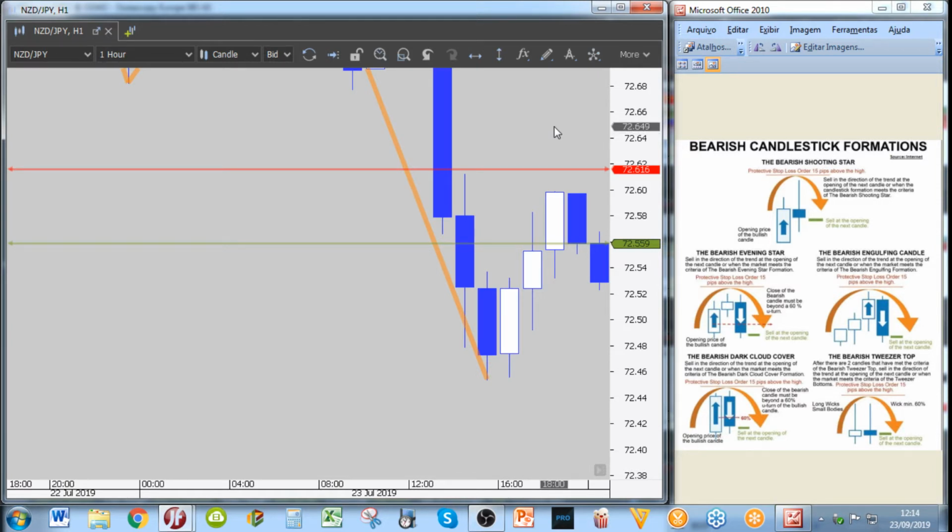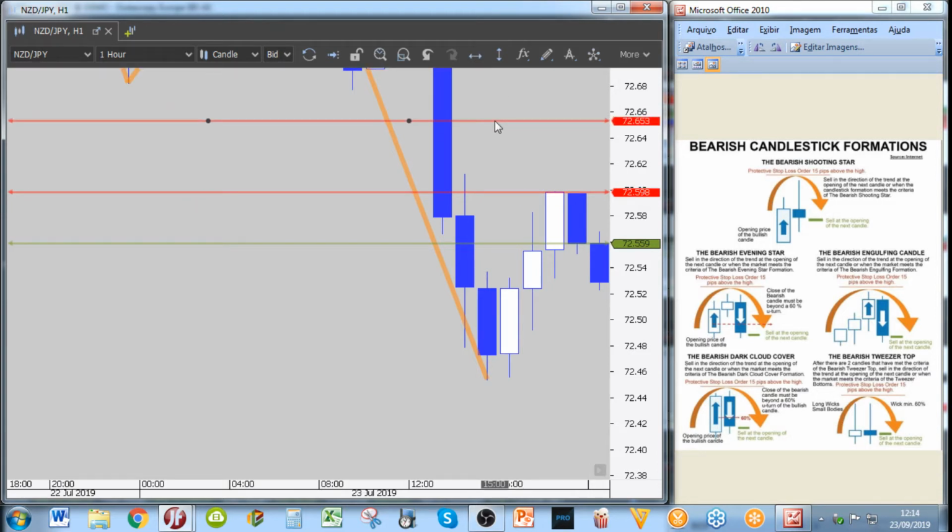Dark cloud cover, yes sir. Okay, so just graphically, I'm not going to use the tool, not to waste any time. So if the high of the white is 7259, then my stop is going to be 7227, right? 7227. 7269.